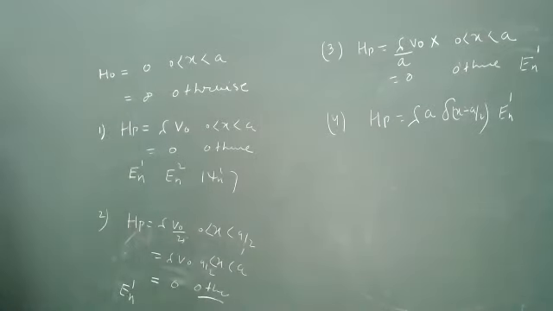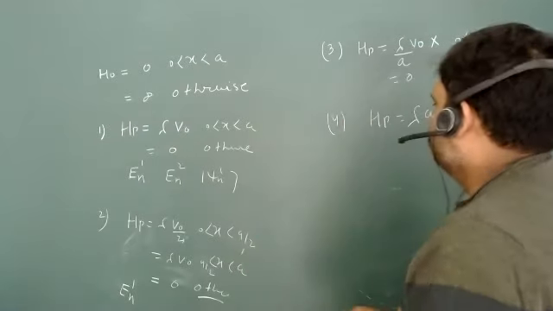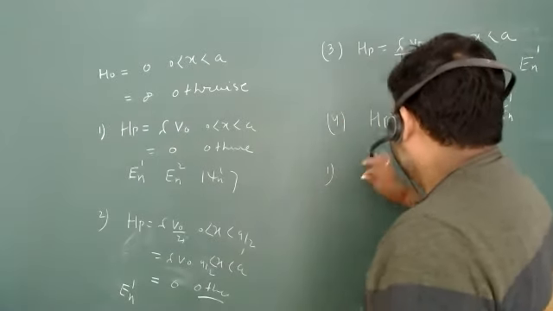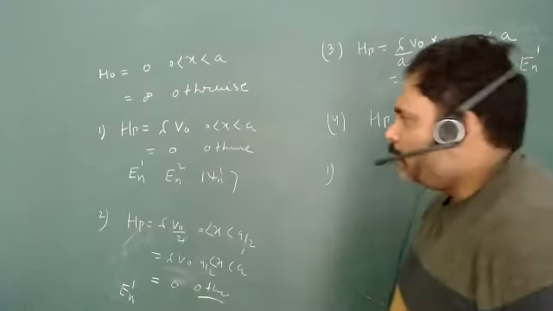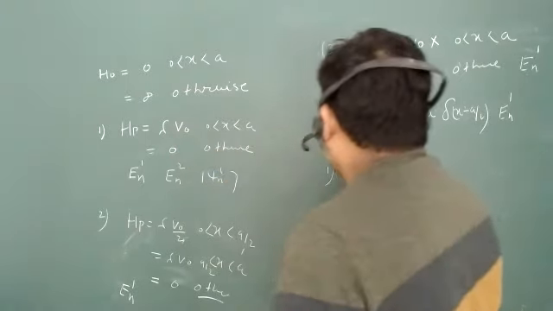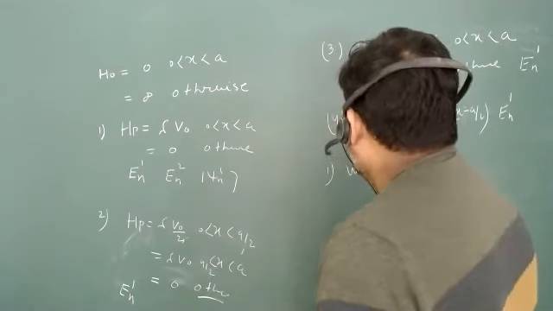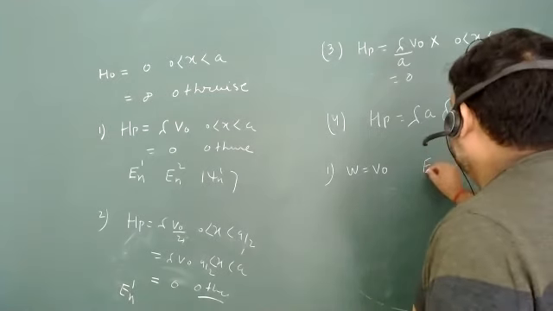So just let us try to do all these problems. What will be the first one? What is the answer for the first one? This is a constant potential, W is equal to V naught. So what will be En1?